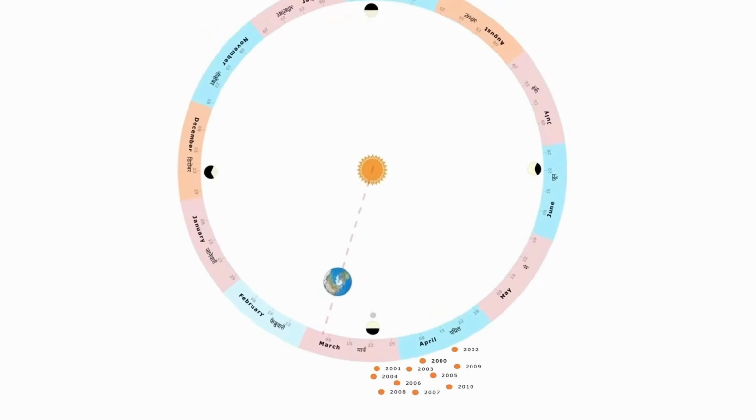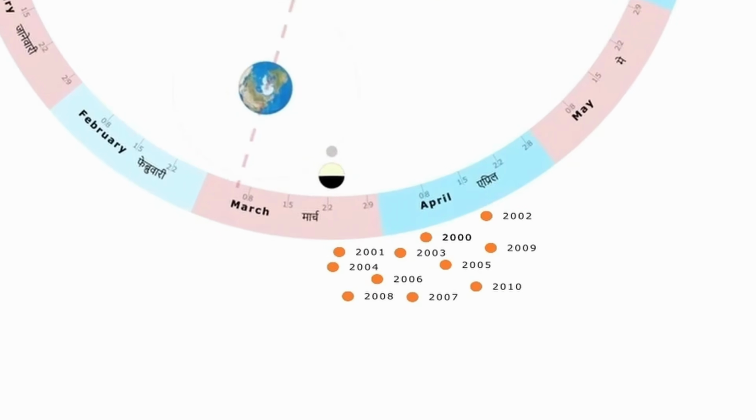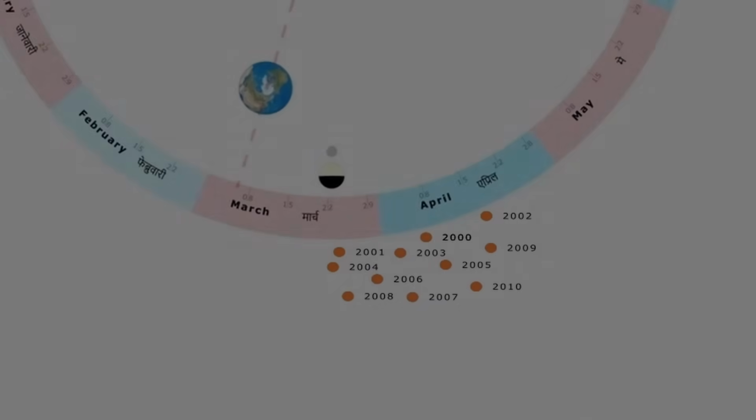As a result, here are the dates when the new year as per Luni-Solar calendar starts from year 2000 to 2010, pretty much between 15th of March and 15th of April.